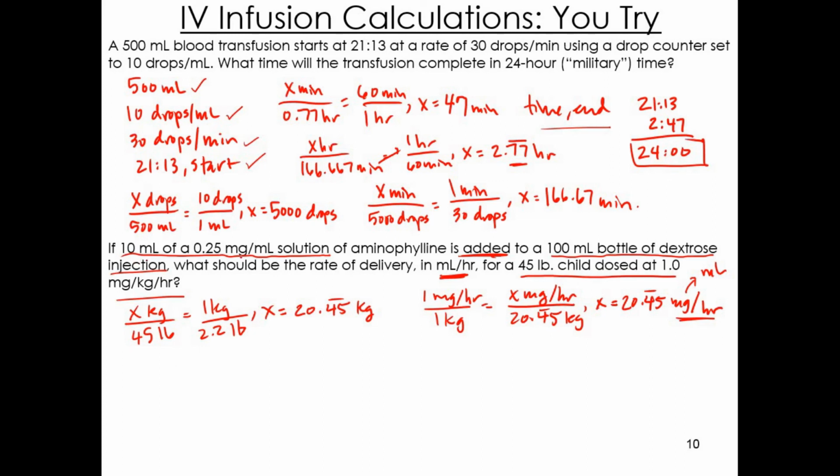We have an injection concentration that's added to 100 mils. We have to ask how many milligrams are delivered in 10 mils if the concentration of the injection is 0.25 milligrams per mil. So we see that we're going to be putting 2.5 milligrams into the IV bag.